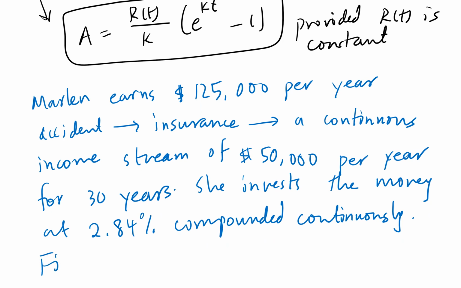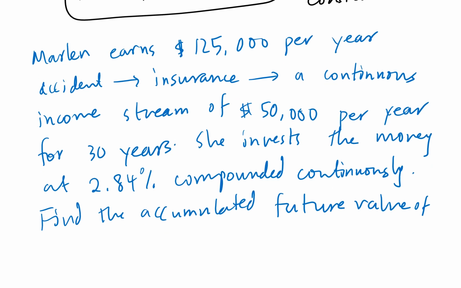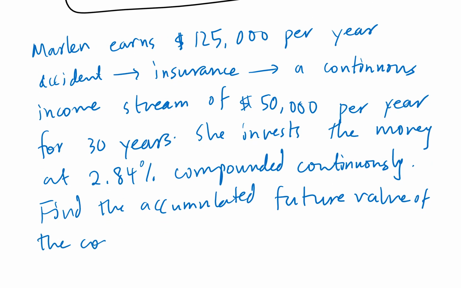We need to find the accumulated future value of the continuous income stream.